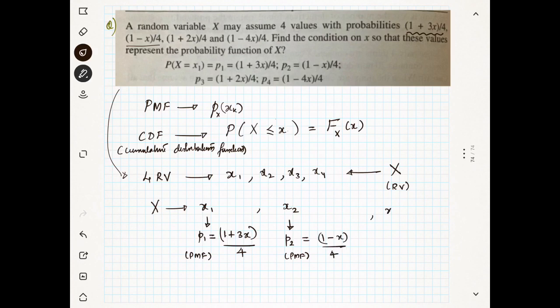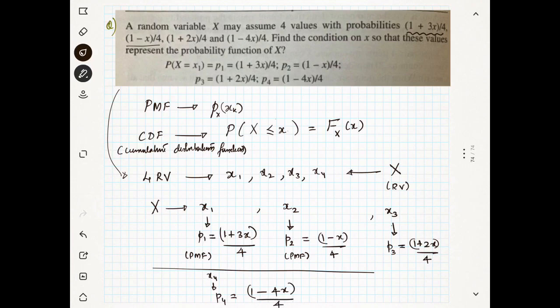Next you have the random variable x3, which has the probability mass function (1 + 2x)/4. The probability mass function means the probability of those discrete random variables. Similarly you have x4, and x4 has the probability p4, which is (1 - 4x)/4.